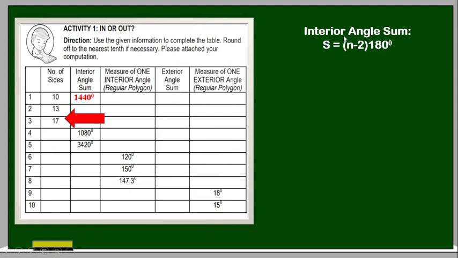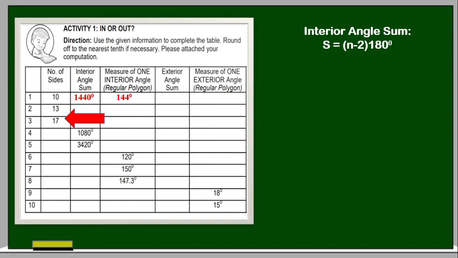That is taken from the formula of interior angle sum. S is equal to (n − 2) times 180 degrees, which is n, which is 10, minus 2 is 8, times 180. So we have 1,440. Next, for the measure of one interior angle, we are talking about a regular polygon.